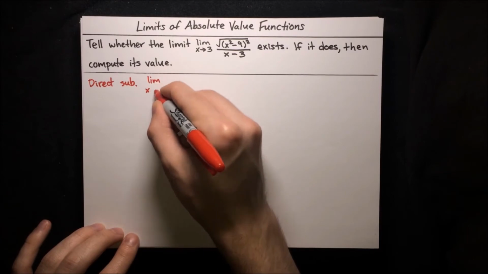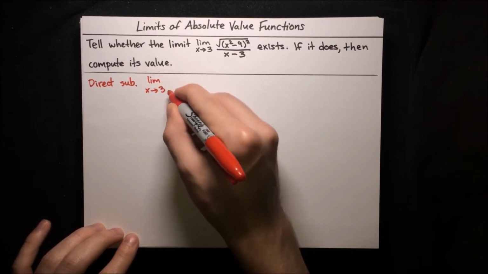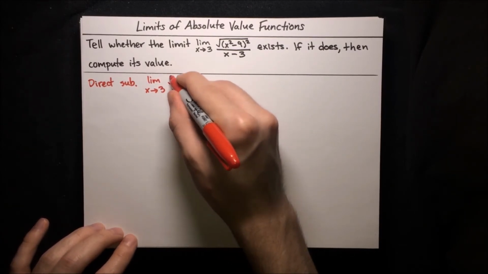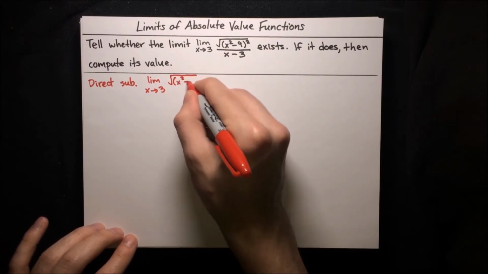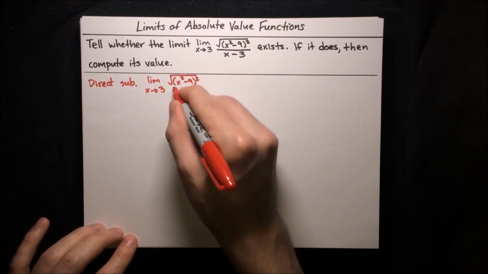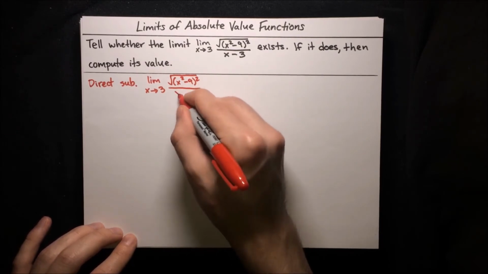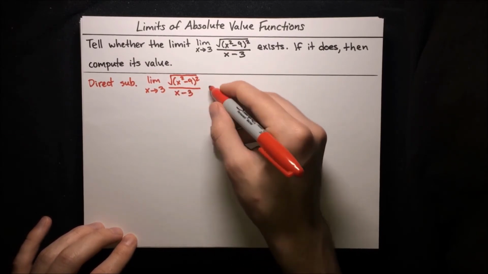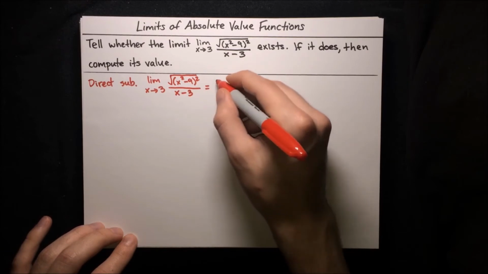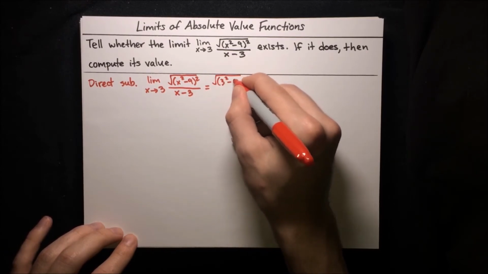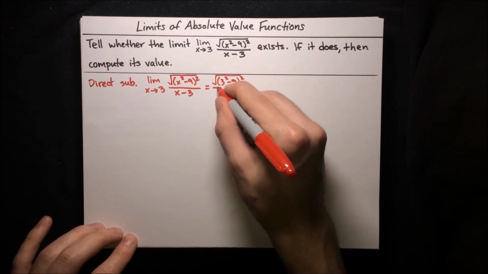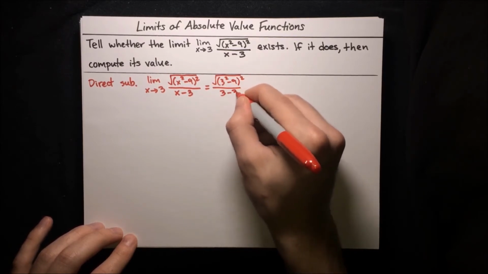That would be almost too easy. You can imagine it probably won't work, but let's try it anyway, just in case it does. So limit as x approaches 3 of the square root of the quantity x squared minus 9 squared, divided by x minus 3. If we plug in just 3 for x, we get square root of 3 squared minus 9, the quantity squared, all over 3 minus 3.